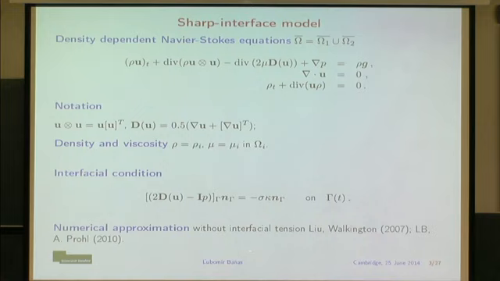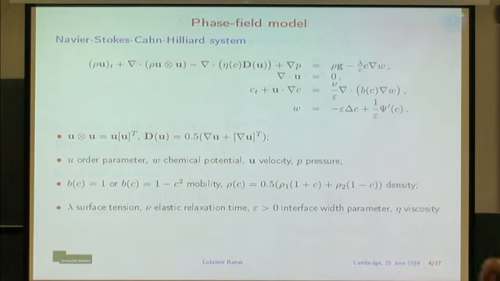This model has of course been studied numerically for many years already, but the first numerical works where convergence is also proven were by Liu and Walkington, who also proposed this reformulation of the density-dependent Navier-Stokes equations, which is useful to get energy estimates on the numerical solution. The second was my work with Andreas Pohl, where we considered a slightly different numerical approximation.